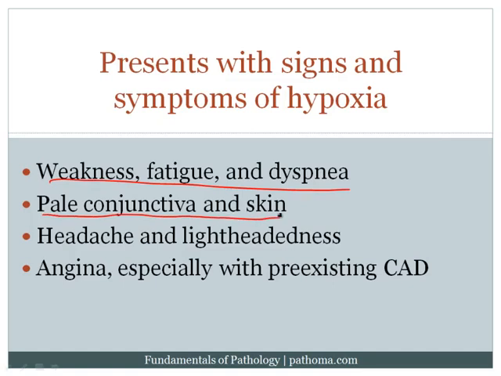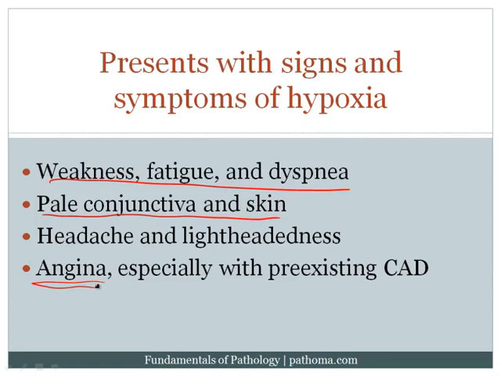skin, and this is a relatively good clinical test. Pale conjunctiva is a good sign that there is an anemia. Now, the patient may present with headache and lightheadedness due to hypoxia to the central nervous system, in particular the brain. And the patient may even exhibit signs and symptoms of angina. Angina is chest pain, and because there's low oxygen in the blood, there would be low oxygen delivery to the heart.